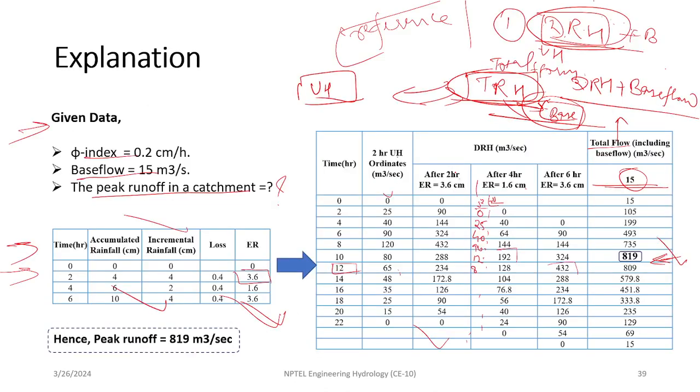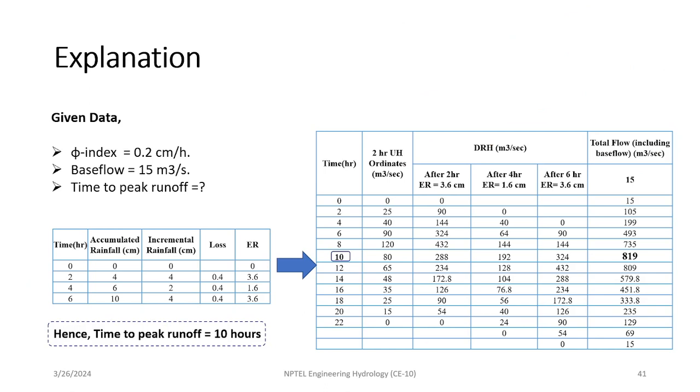That is the question. 10 hours. Yes, it will be 10 hours. So the time to peak runoff is 10 hours. This is a simple calculation for this question. I hope you all got these things.